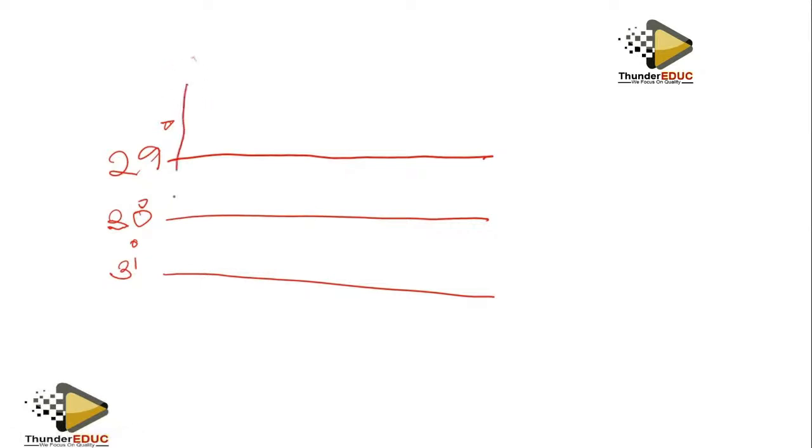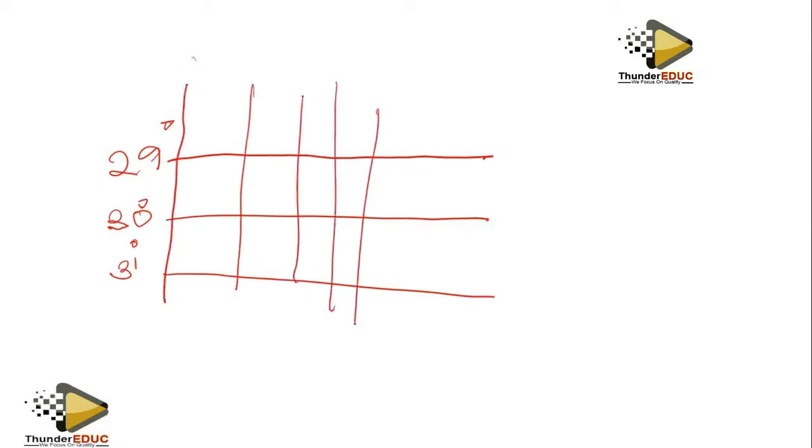So the longitude is drawn like this, like this, like this. Can you see these, learners? Let me say this is also 29, 30, 31, 32, 33 degrees. You see, in this case, what does that mean?